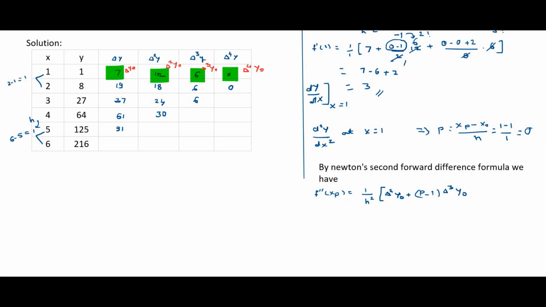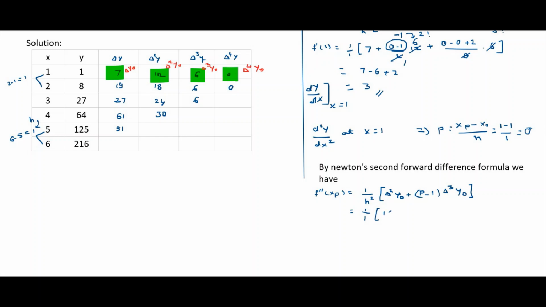In this case also I have written the formula only up to delta cube y naught, as the table ends with delta raised to 4 y naught, where the fourth difference value is equal to 0. Now substitute the values. This is 1 divided by h square, h is 1 and 1 square is 1, into delta square y naught.